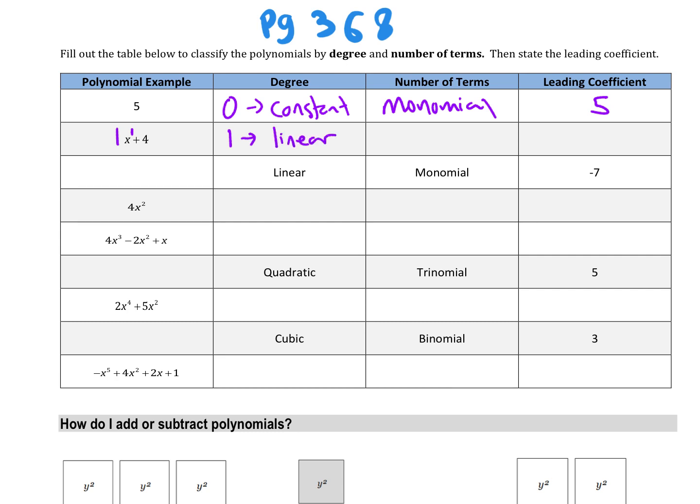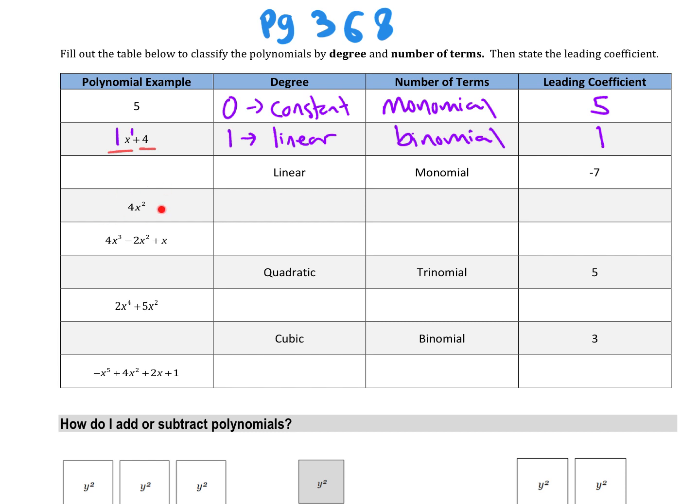This one has 2 terms, which makes this a binomial. And the leading coefficient is the number in front of the biggest degree term, which is 1. We're going to skip the ones where we have to create the polynomial until the very end.